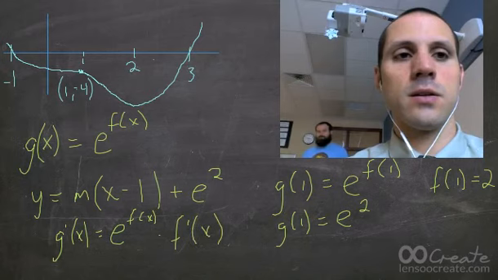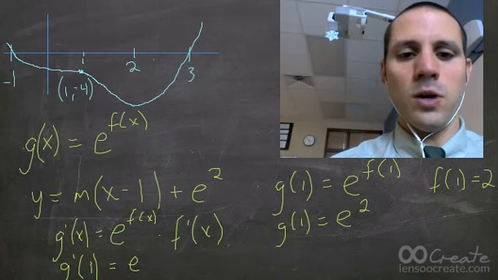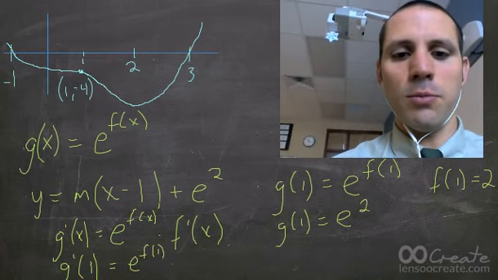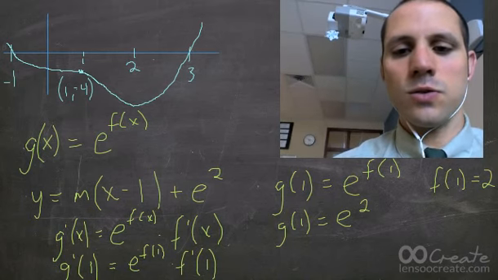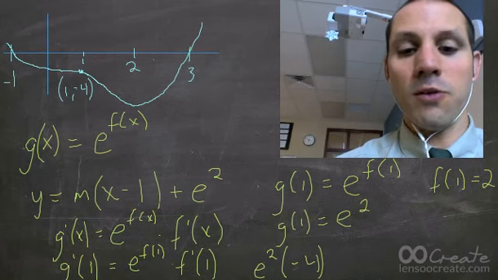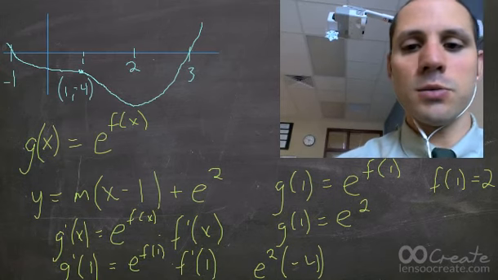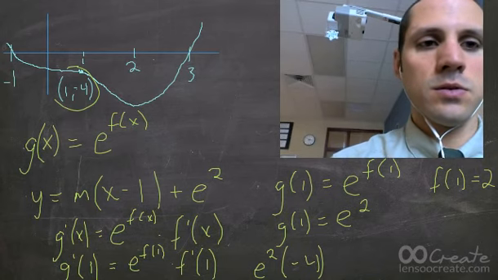And if we want that at 1, g prime of 1 is e to the f of 1 times f prime of 1, which is e squared times negative 4. F prime of 1 comes from our graph.